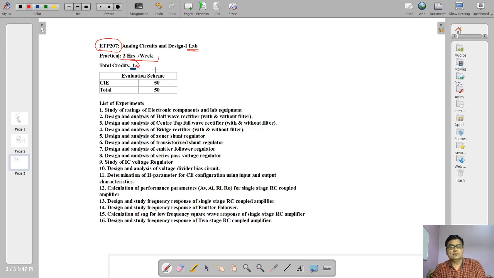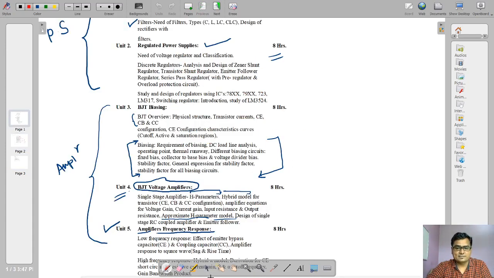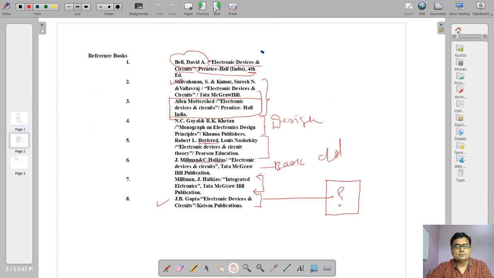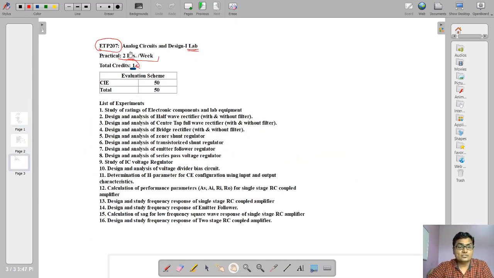In case of lectures, a total of 4 lectures or 4 hours gives 4 credits. But for practical sessions, whatever hours you spend in the lab divided by 2, you will get credits for that course.